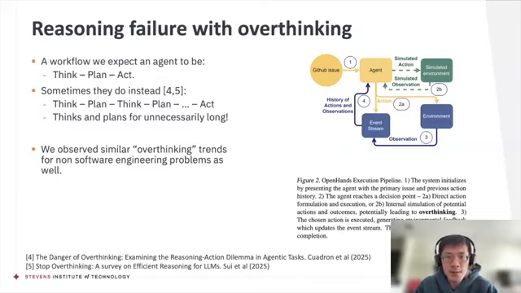People call this overthinking. This overthinking trend appears not only in software engineering, but also in common sense reasoning, math reasoning, and a lot of other types of reasoning problems. It seems like many models just want to keep questioning themselves and continue thinking, even if the model already knows the answer.